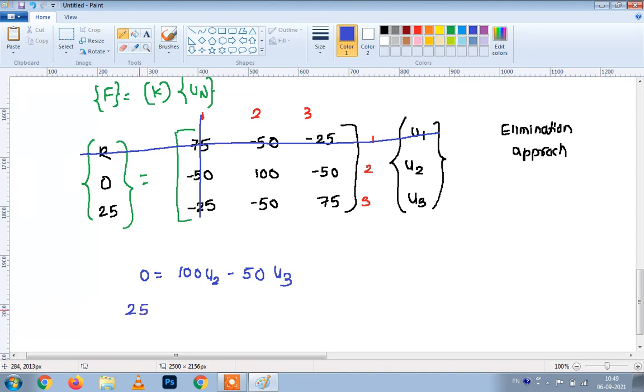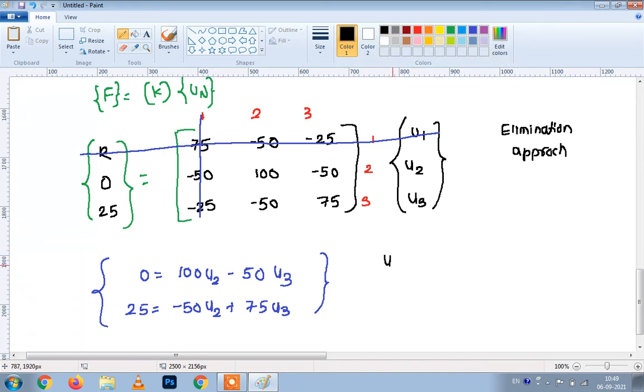Similarly, 25 is equal to minus 50 into u2 plus 75 into u3. After solving this, please try to pause this video, try to solve this, and check whether you are getting the same values that I am writing here.